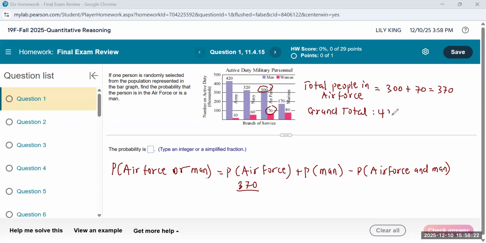So we have 420 plus 10 plus 320 plus 60 plus 300 plus 70 plus 170 plus 80. This gives a total of 1430.